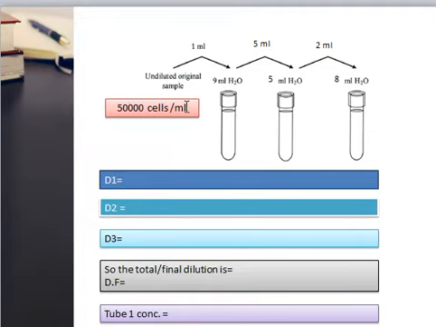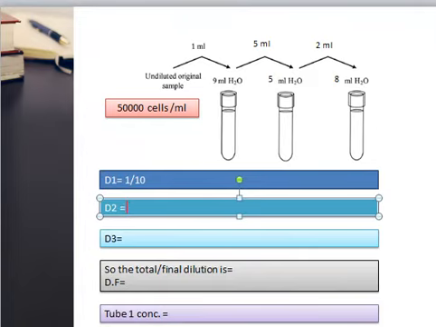The first dilution was performed as follows: 1 ml from the original was transferred to 9 ml of distilled water. This means that the first dilution will be 1 to 10, or 1/10.